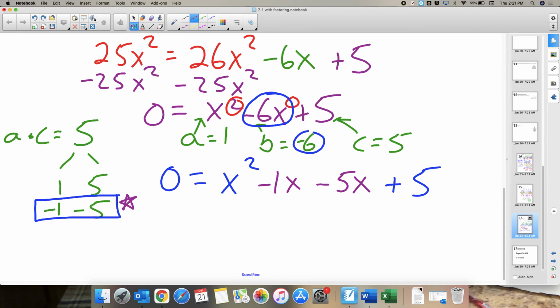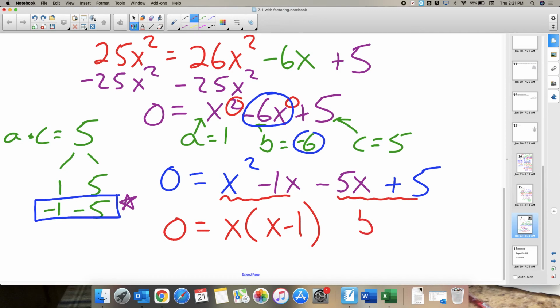That's the AC portion. Now we group them. Group the first 2, group the second 2. When we look at the first 2, our GCF is x. It leaves us with an x minus 1. When I look at the second 2, a lot of people say our GCF is 5.